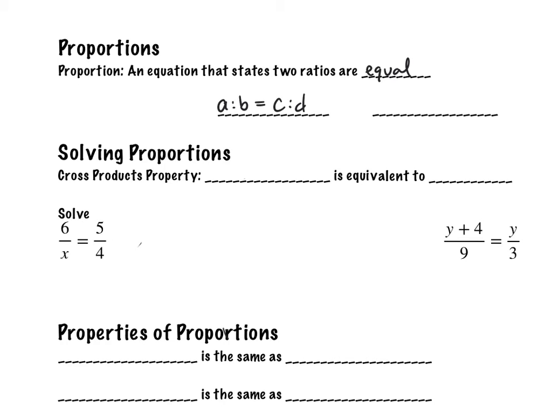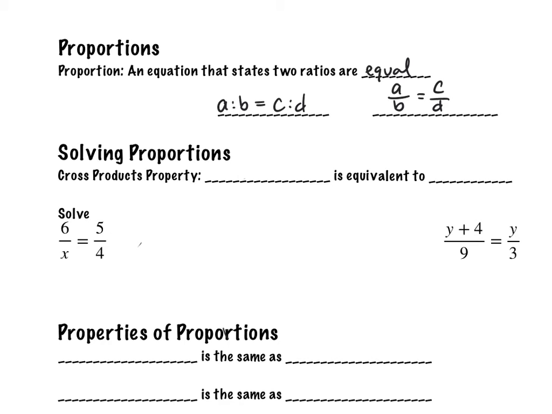Right? But I can set it up as an equation and say, well, if I know that a ratio can be written as a fraction, right? So A divided by B, I can write these both as fractions and then just set them equal to each other. So now I've got an equation, right, with a fraction equal to a fraction. Almost done.